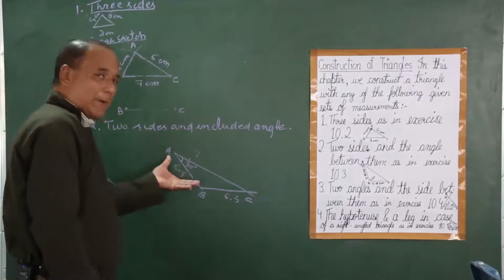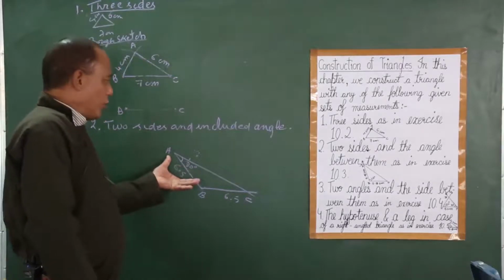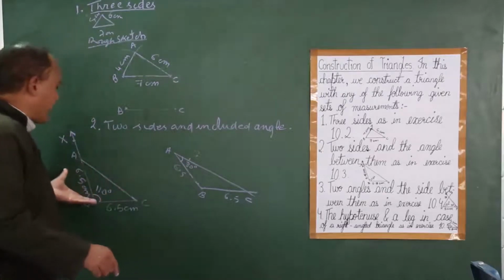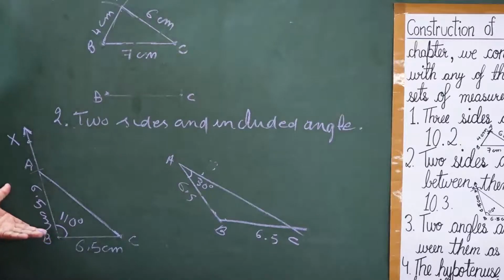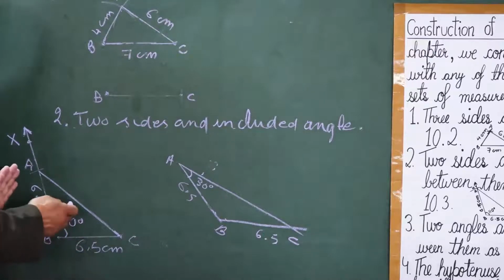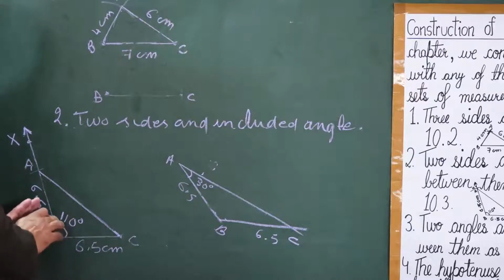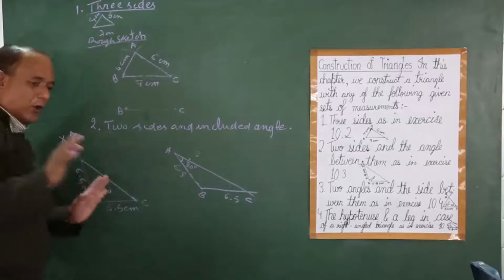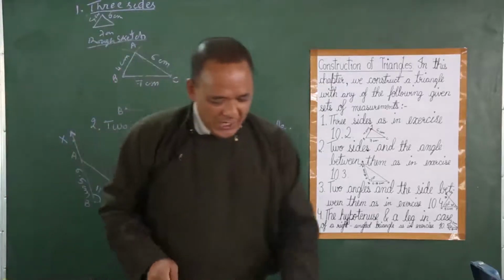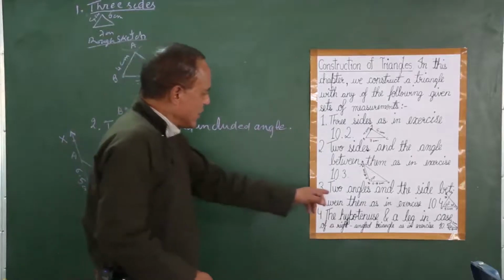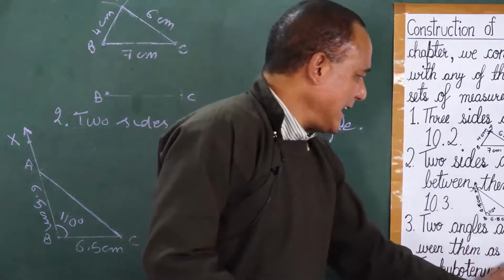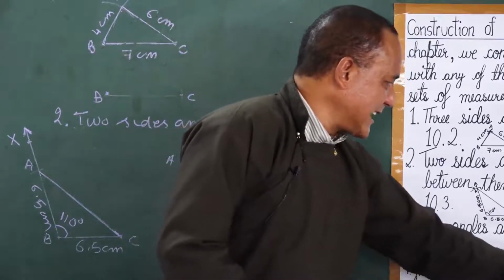If this kind of problem comes, we will solve it also. But in our textbook, only these types of questions are there. For the moment, we only concentrate on these types of questions, where you have an angle and two sides, and the angle should be the included angle. So only to this extent you use your brain. Now the third thing here is two angles and the side between them, as in exercise 10.4.